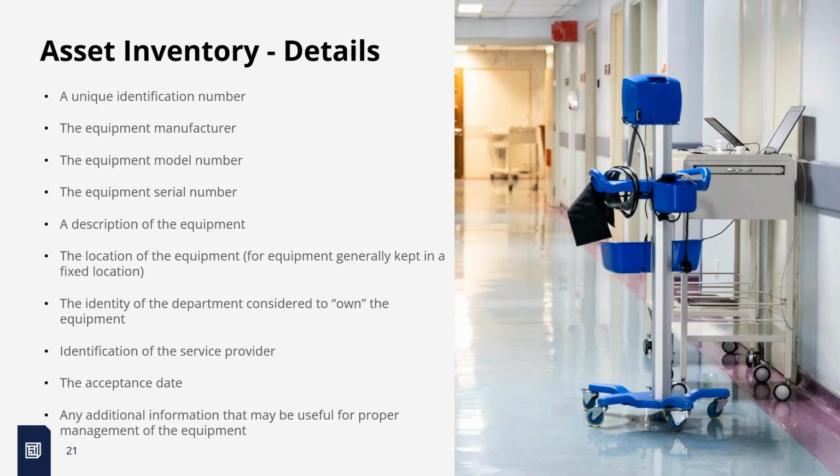So if there's a service provider, a vendor that comes in and works on that, who is that person? What is their criteria? Acceptance date, sometimes installation date, so when did that go into service? And then any additional information that might be useful for proper management of the equipment, maybe a photo of the model, maybe a link to the service manual, lots of different other items there.